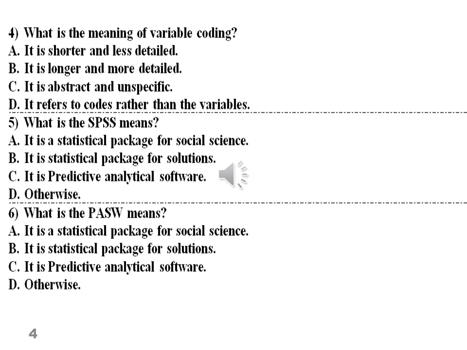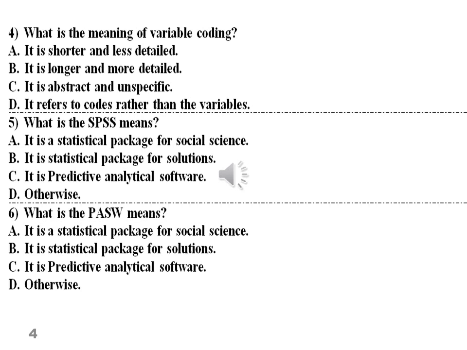This is the meaning of variable coding. Variable coding means transferring every variable, every piece of information, to codes rather than the variable. So the correct answer must be letter D.